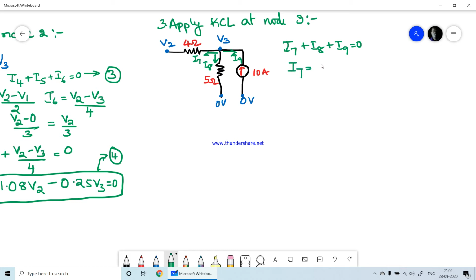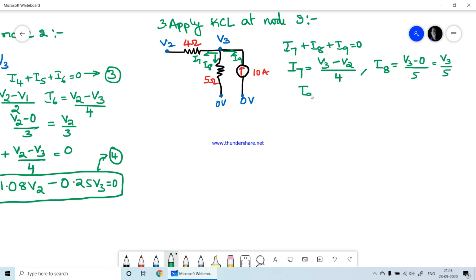I7 is the current flowing through this 4 ohm resistance. Since we are writing at node 3, V3 will be positive and V2 will be negative. So I7 is V3 minus V2 divided by 4. Similarly, I8 would be V3 minus 0 divided by 5, which is V3 by 5.